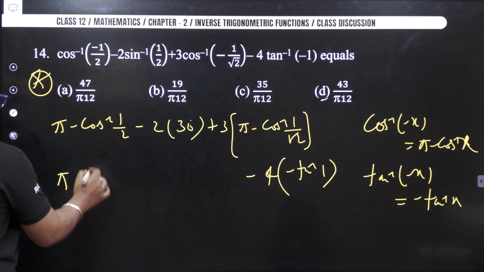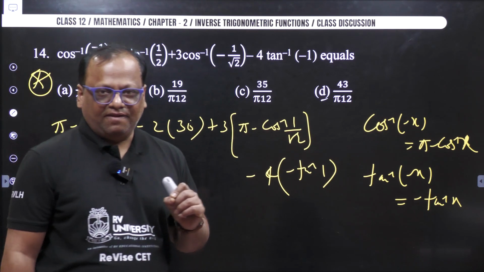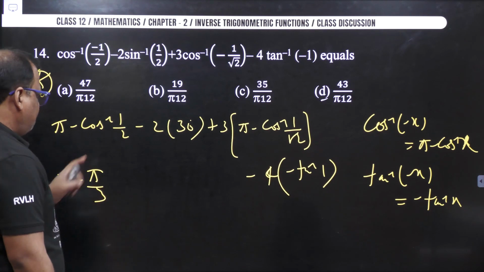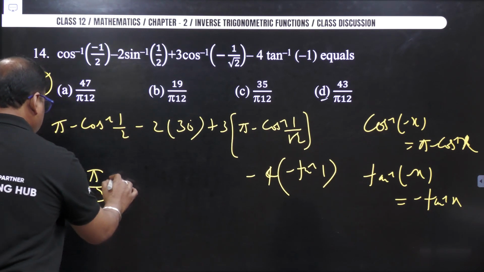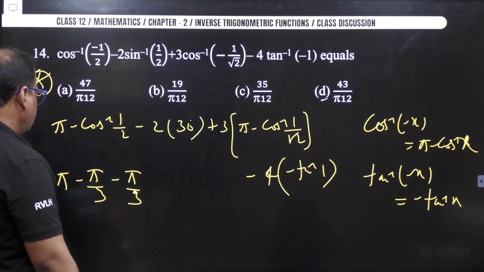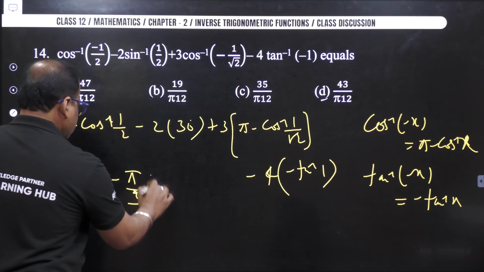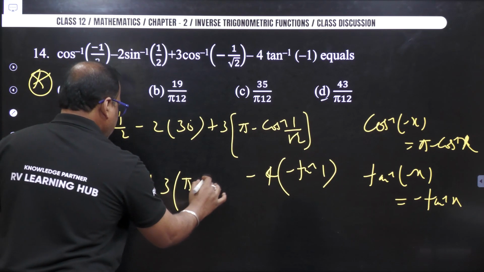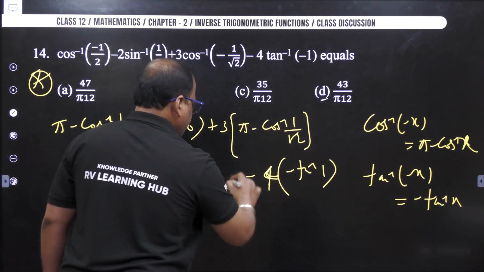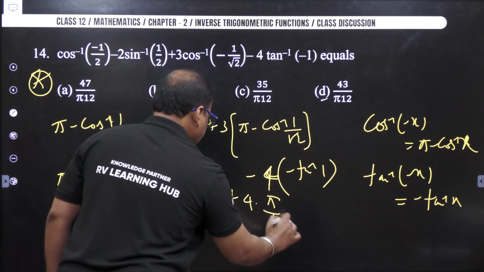So pi minus cos inverse of half, that will be 60 degree, pi by 3, minus 60 degree. So that is also pi by 3. Plus 3 into pi minus pi by 4. This will be minus 4 into this one, minus into minus, plus 4 pi by 4.